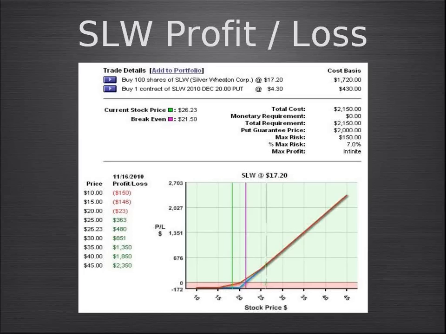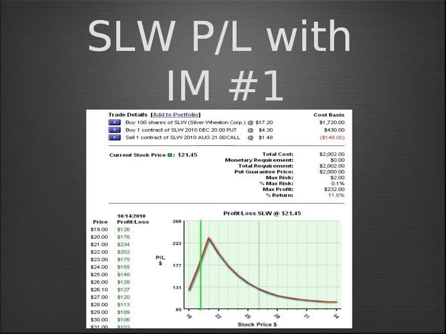Income method number 1 sold the August 21 call at $1.48. And this was how that profit and loss chart looked. Remember, we had a risk of only $2. Oh, I apologize. Let me get back. I apologize, Imogen. After income method number 1, this is what we were looking at with the Silver Wheaton trade. We had a capped gain on the position, but we did essentially have it bulletproof.